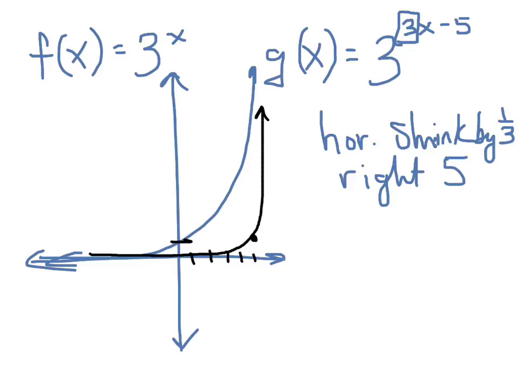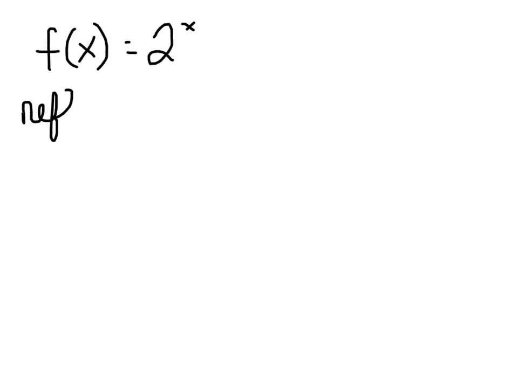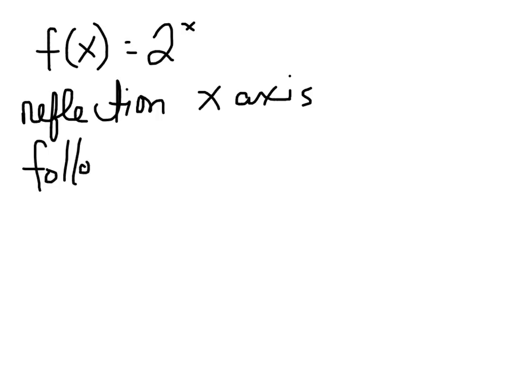Then, the last thing that's going to happen is it's going to say words for you like, here's the parent 2 to the x. And I have a reflection over the x-axis, followed by a translation 4 units right.